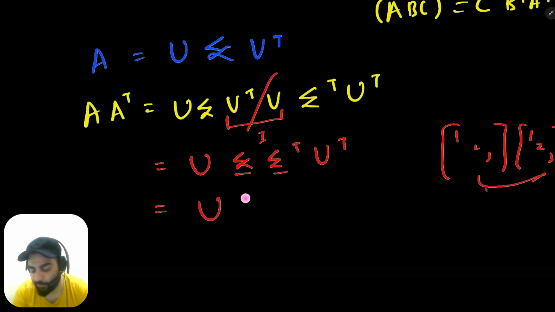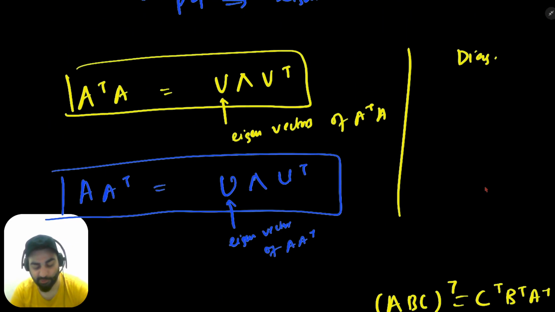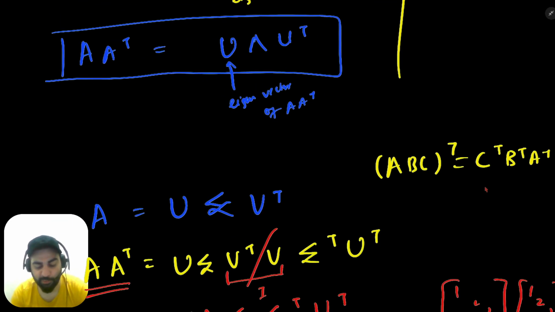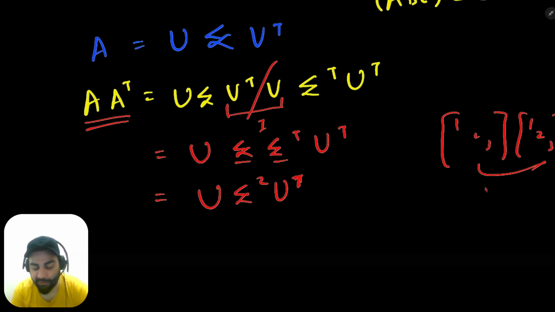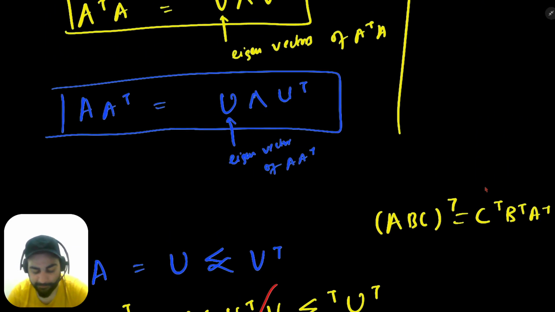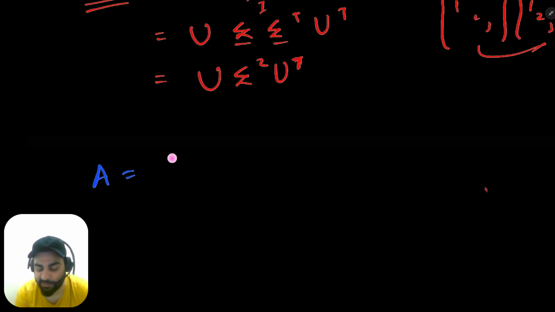So this is equal to U sigma square U transpose. This is how you can compute these U values: using A A transpose, as I showed you initially, U lambda U transpose. The eigenvalues lambda here correspond to sigma square, so we have to apply the square root. Again, remember A is equal to U sigma V transpose. I'm writing it again so that you memorize it.